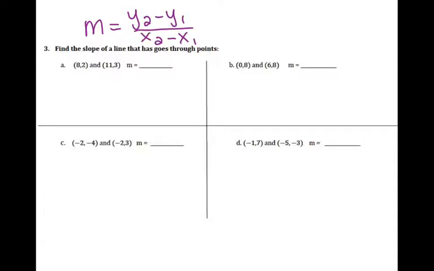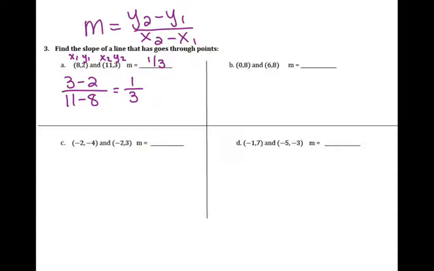I'm going to go ahead and label my points x1, y1, x2, y2, and plug in those numbers in their respective spots. So I have y2 minus y1 over x2 minus x1. 3 minus 2 is 1, 11 minus 8 is 3. So my slope for this is going to be 1/3.